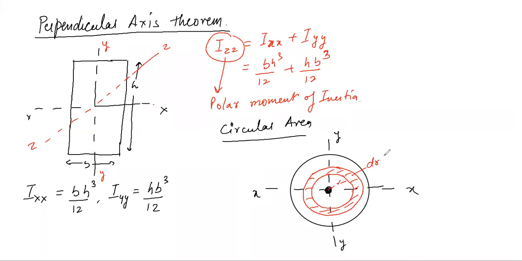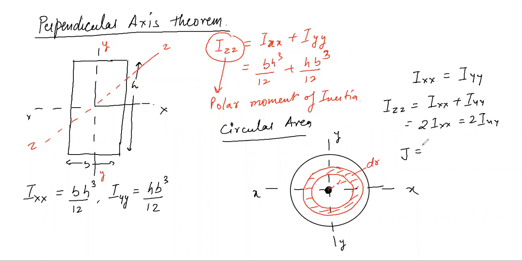One thing it is very clear that whatever the moment of inertia about x-axis, that will be same about y-axis, right? So if you are going to find the moment of inertia about z-axis, it should be Ixx plus Iyy, right? So it is also twice of Ixx or twice of Iyy, right? So this can also be written as J, that is a polar moment of inertia, right?